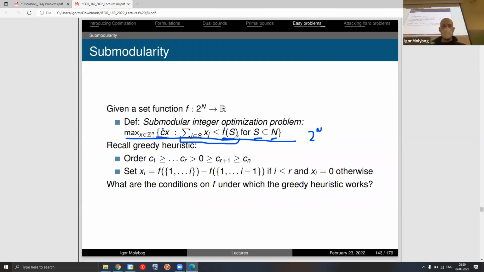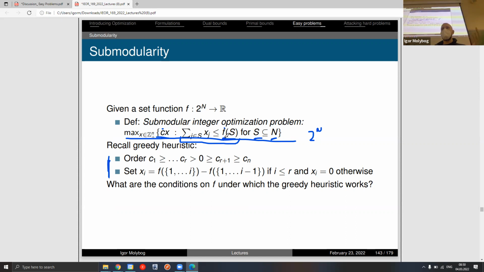There's a whole lot of different examples of problems like this, and it's quite a general idea. The interesting statement about this submodular integer optimization is that the greedy heuristic that follows in fact results in the exact solution to this problem, given that the function f is submodular.